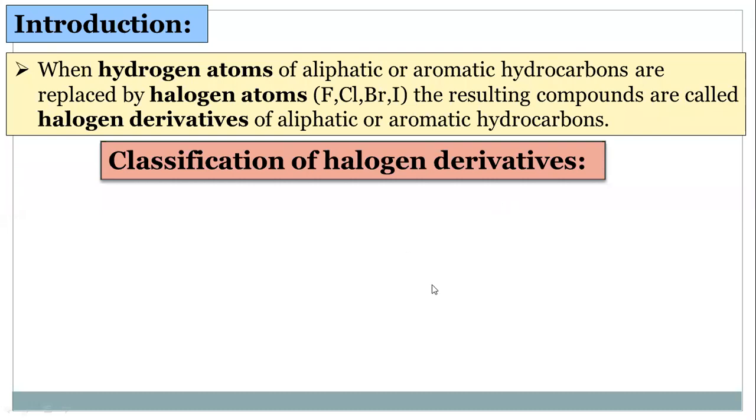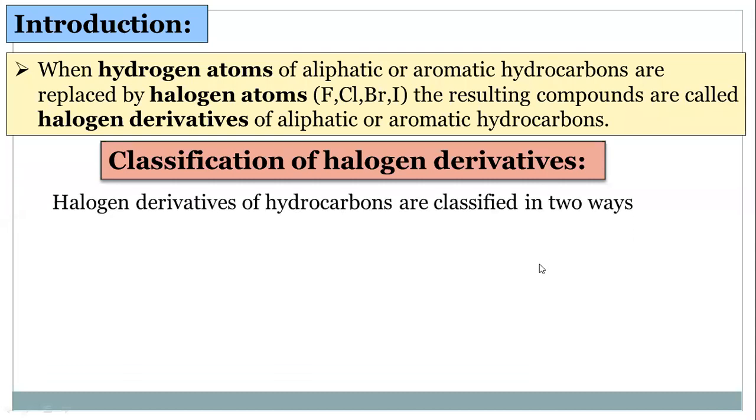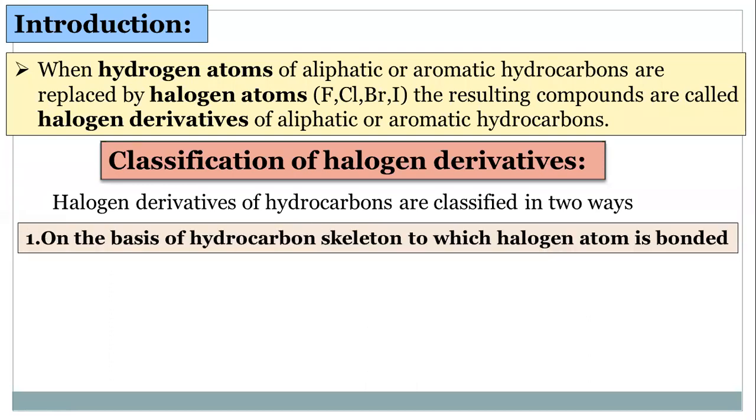The classification of halogen derivatives. Halogen derivatives of hydrocarbons are classified in two ways. You know, hydrocarbons means the compounds which contain hydrogen and carbon. In 11th standard, we already studied many hydrocarbons like alkanes, alkenes, alkynes, and aromatic compounds.